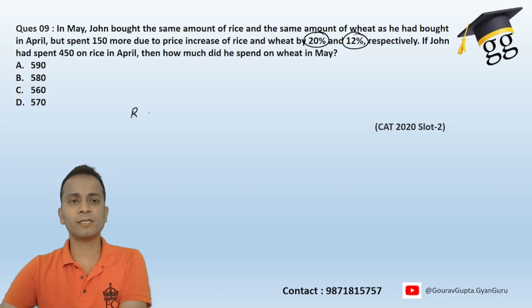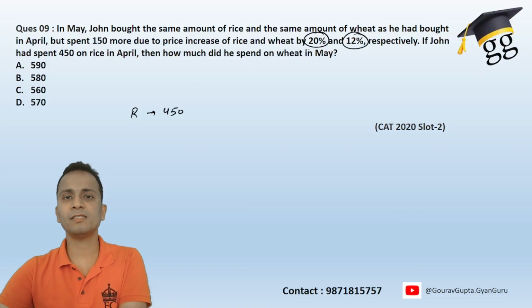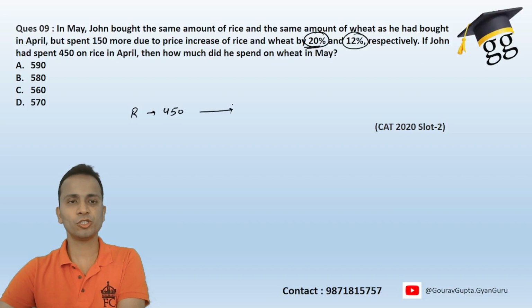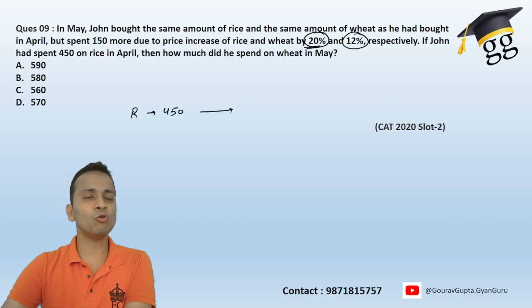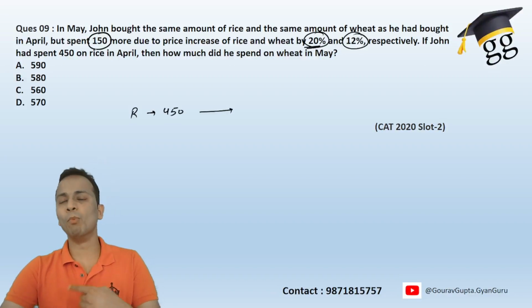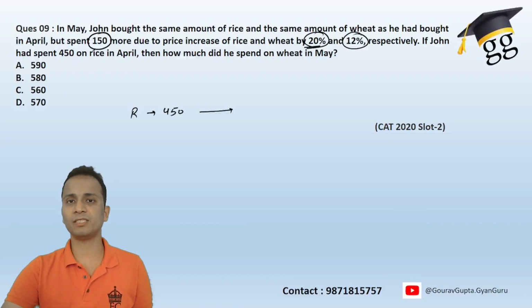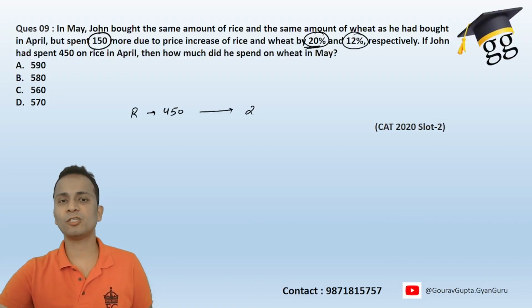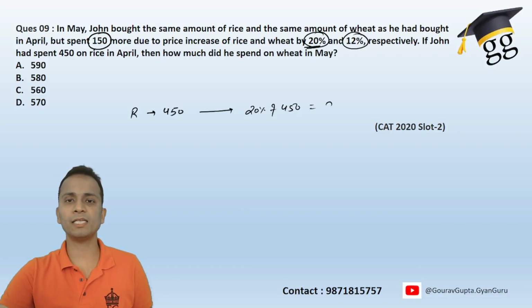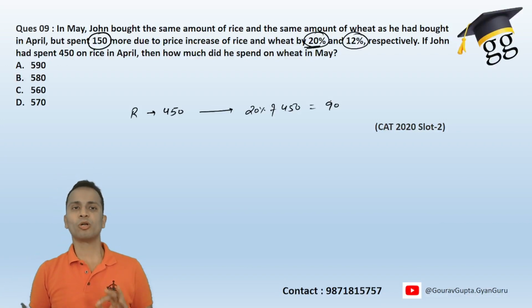Now rice, he has spent 450 rupees, and the price increase in rice was 20%. So that means out of total 150 more that is spent, he has spent 20% of 450, that is 90 rupees more on rice. ठीक है ना?